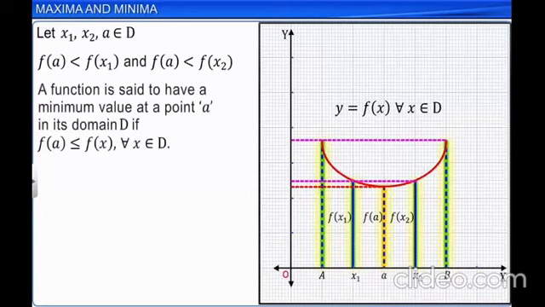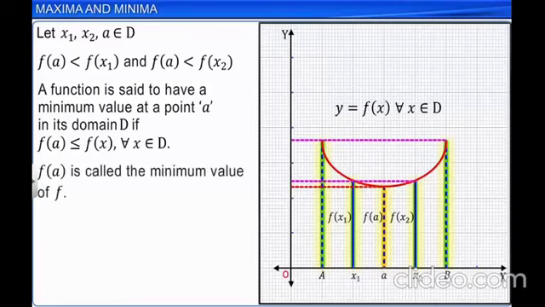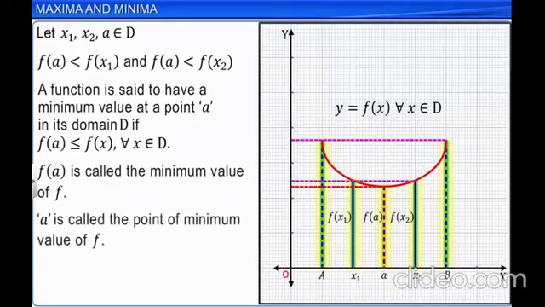Mathematically, a function f is said to have a minimum value at a point A in its domain if the value of the function at that point is less than or equal to the value of the function at any other point in its domain. The number f(A) is called the minimum value of f in D, and point A is called the point of minimum value of f in D.